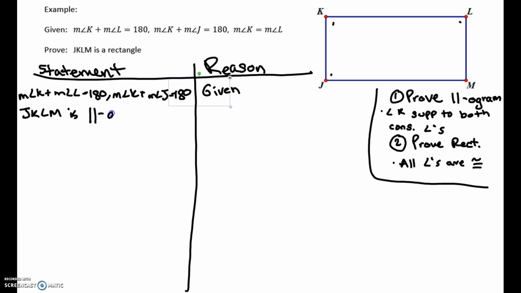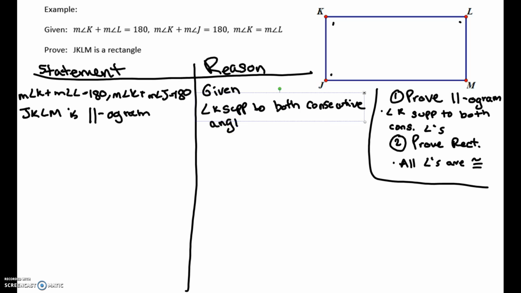And again, I'm going to use my cute little shorthand, parallelogram, because angle K is supplementary to both consecutive angles. Okay, so we've got that this thing is a parallelogram.